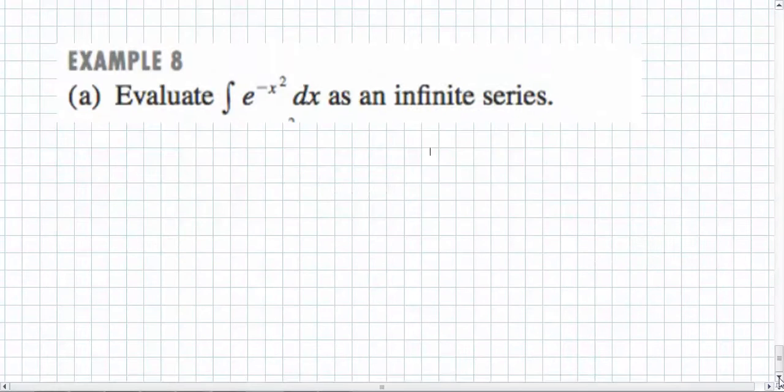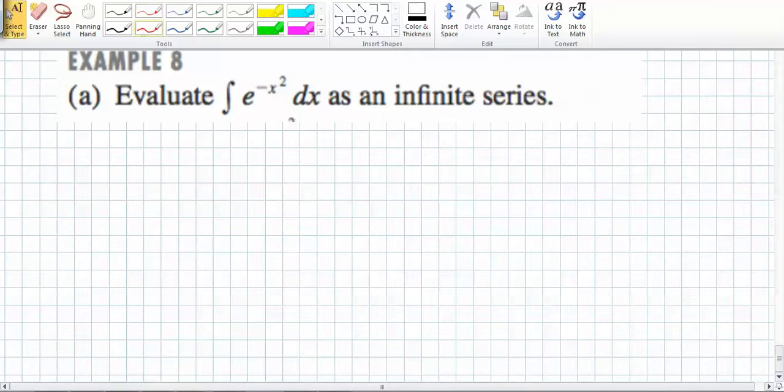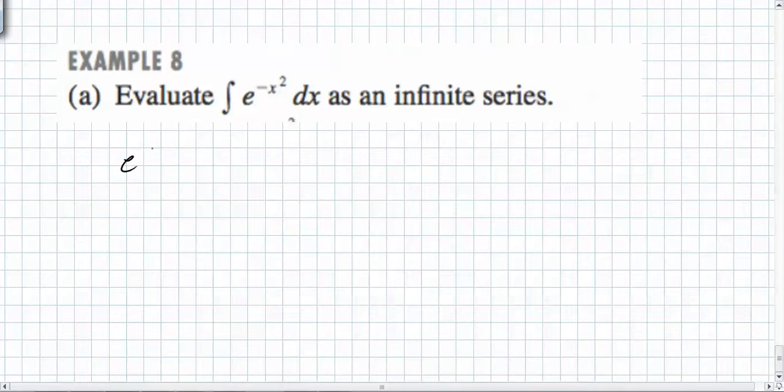So if I asked you to integrate that right there, it looks almost like something you could integrate. But if you didn't know power series, you're stuck because you can't use substitution. There's no x out front. There's no u dv action. You're stuck, right? But let's rewrite this. What can we say? Well, we know that e to the x is equal to 1 plus x over 1 factorial plus x squared over 2 factorial plus x cubed over 3 factorial.